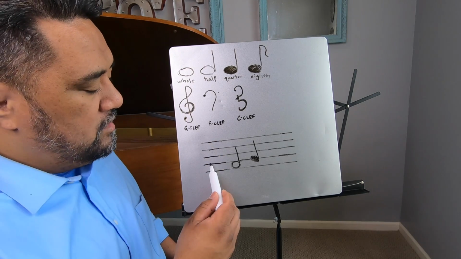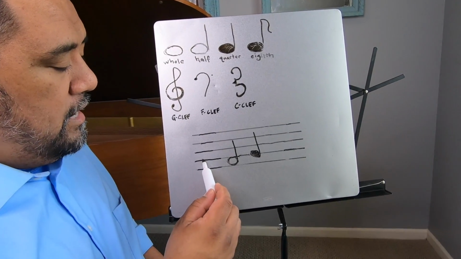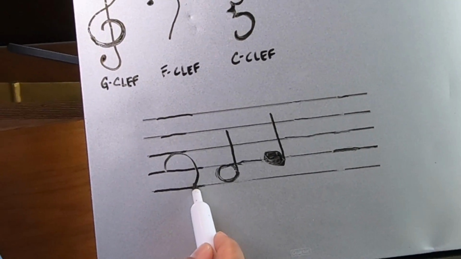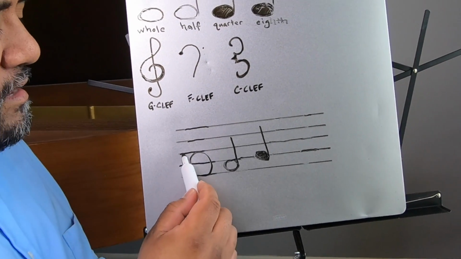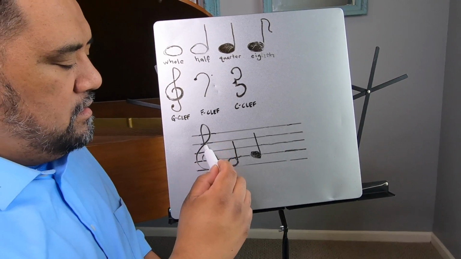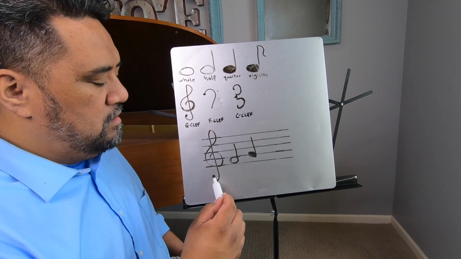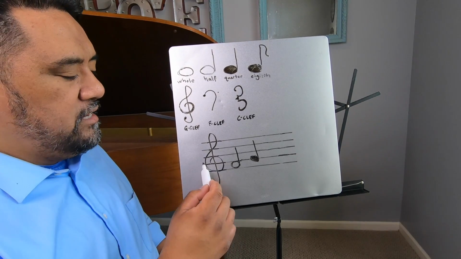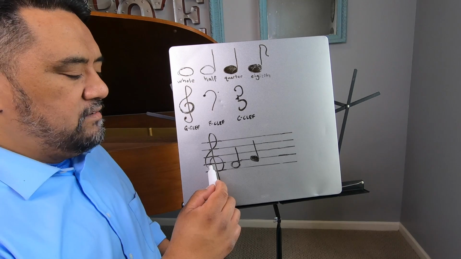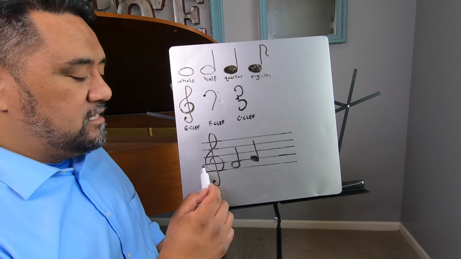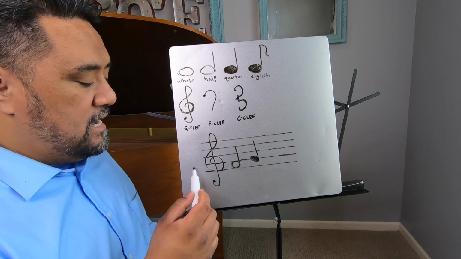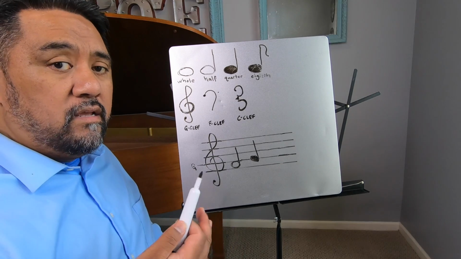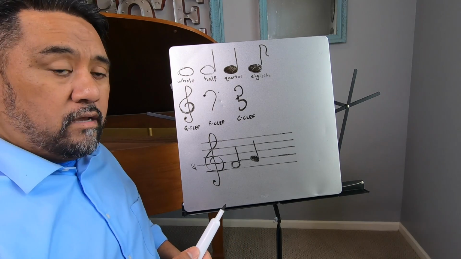So if I take this and I draw it on the staff, and I start here on this second line, and I circle around that second line, that's my focus. The middle of that circle. Whatever line that the G clef starts on and is focused on and is centered on, that line is now the letter G. Very uncommon, but for certain instruments, it can be found on a different line.